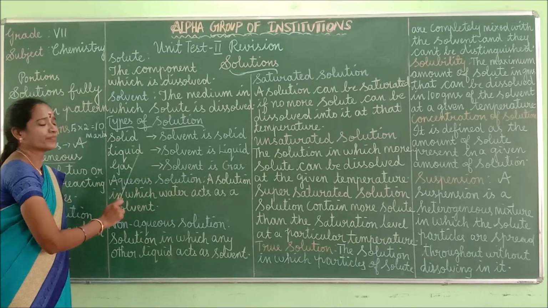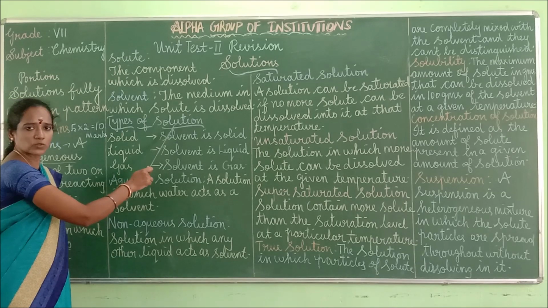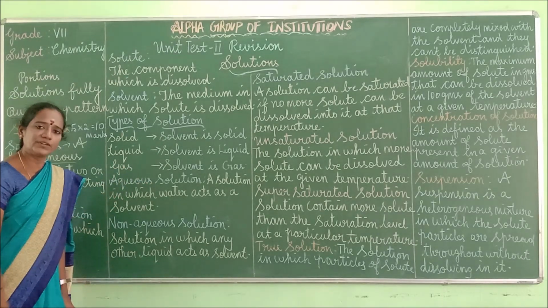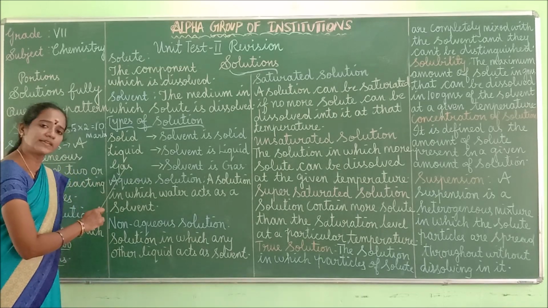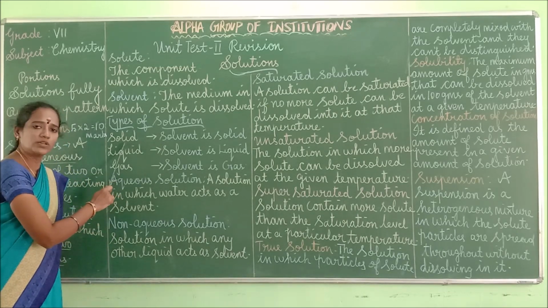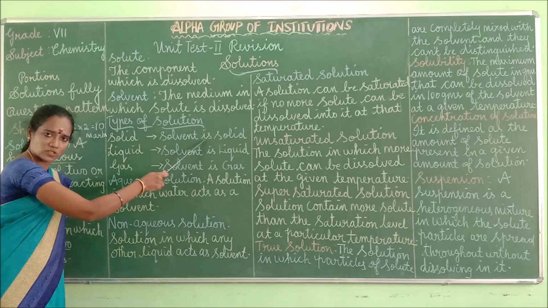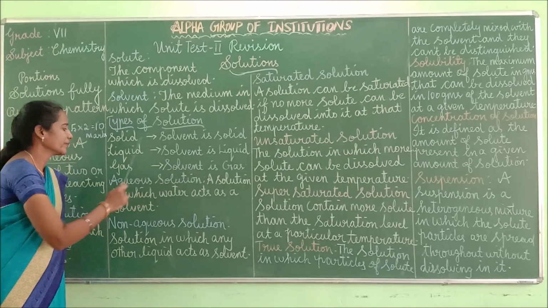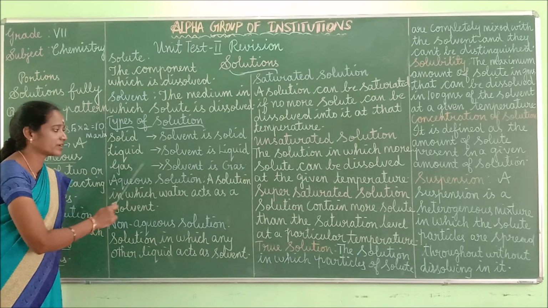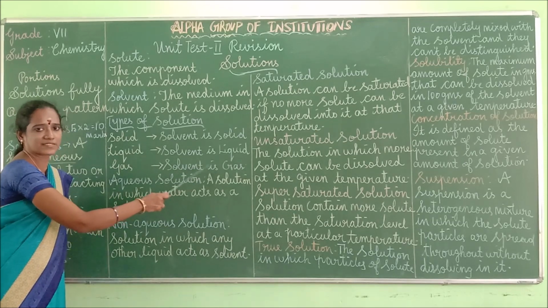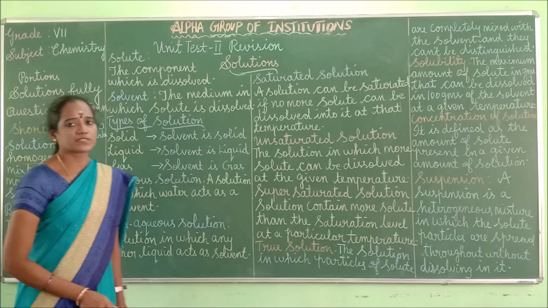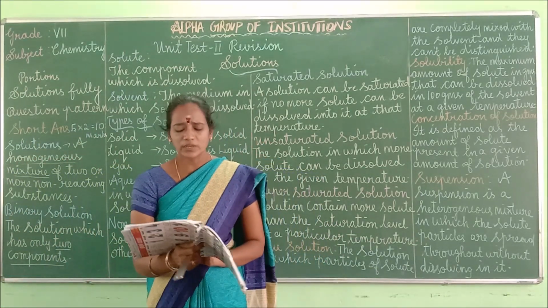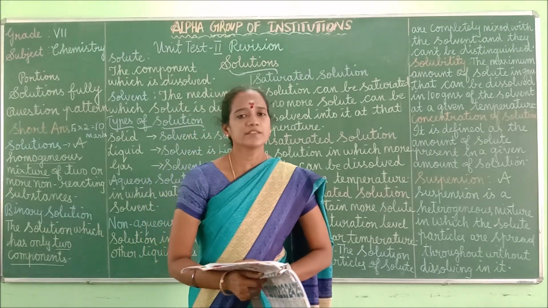So, what are the three types of solutions? Solid solution, liquid solution, and gaseous solution. In solid solutions, the solvent is solid. In liquid solutions, the solvent is liquid. Whereas in gaseous solution, the solvent is gas. So this is the types of solution. Got it?